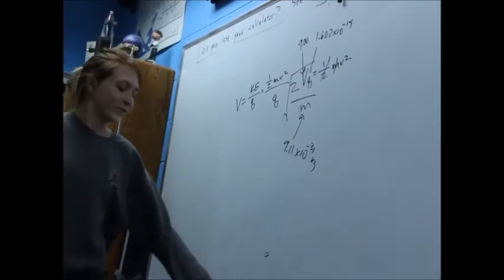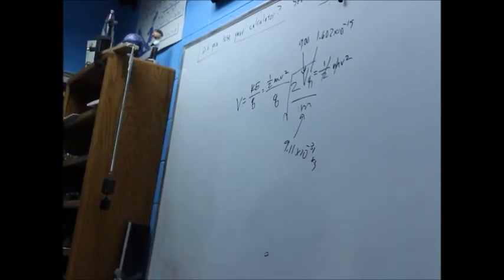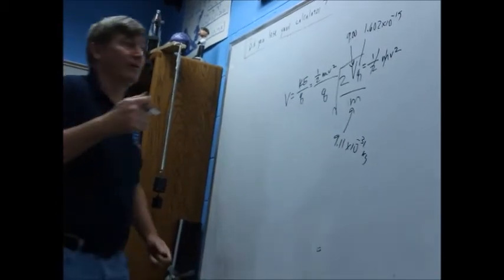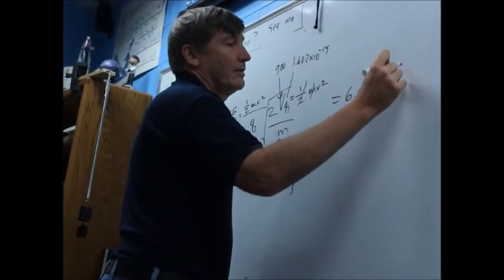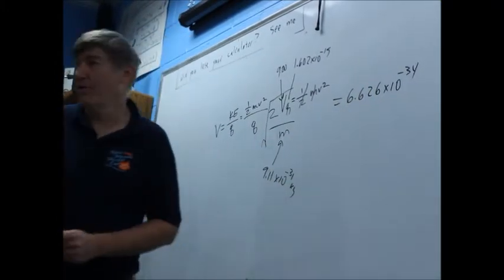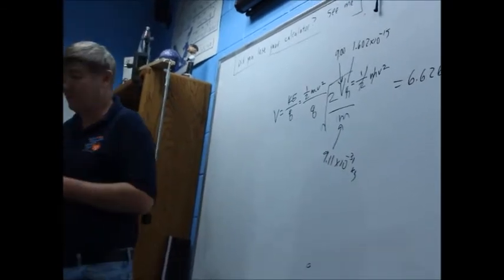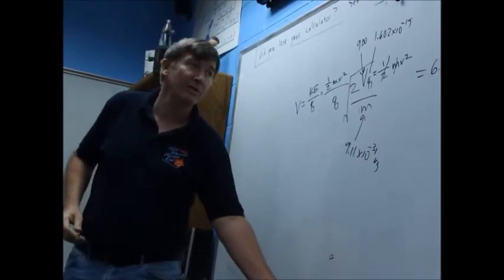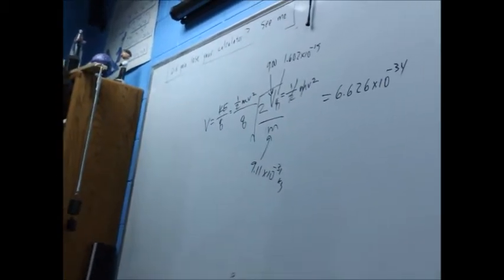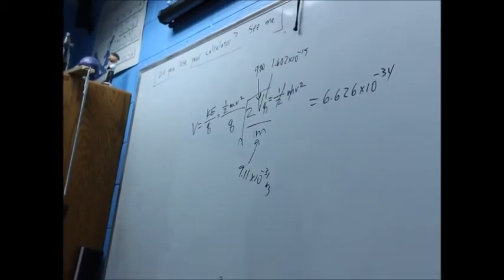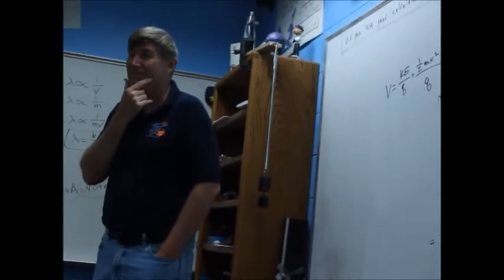So Reagan, when you plugged that in your calculator, what number did you get? 6.626 times 10 to the negative 34. There you go. So that's the proportionality constant that the scientists discovered. That number looks familiar. Where have I seen that number before?